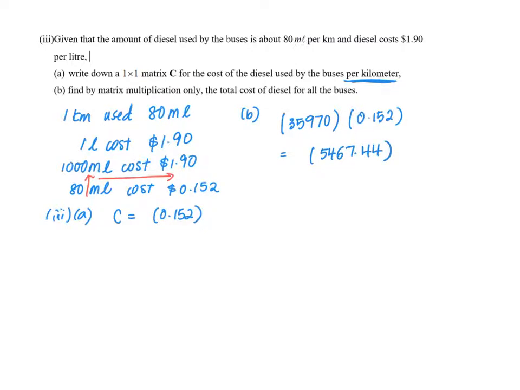Since they want us to do matrix multiplication, this answer should remain in the matrix form. Then we answer the question. Total cost of diesel will be $5,467.44. Have you gotten the answer?